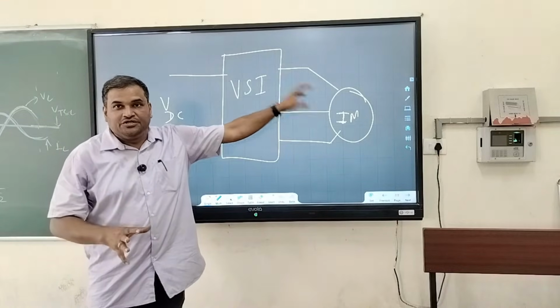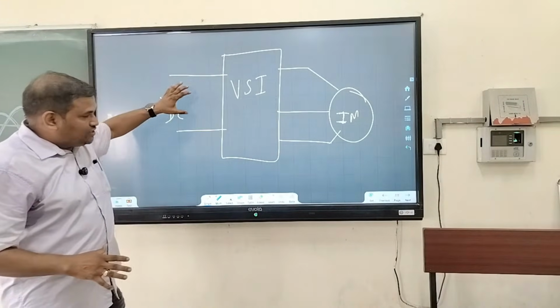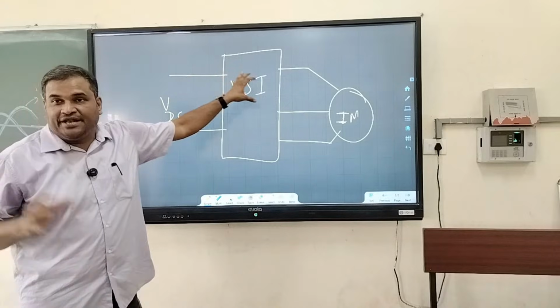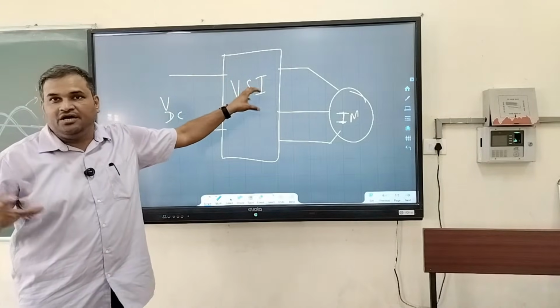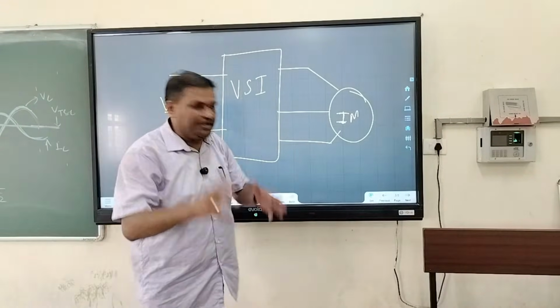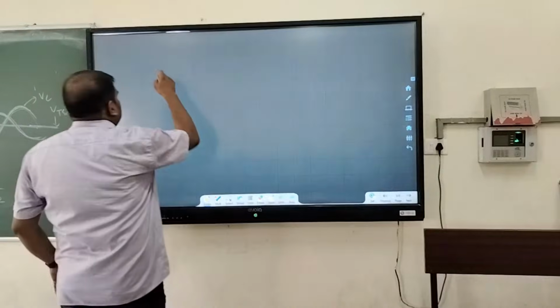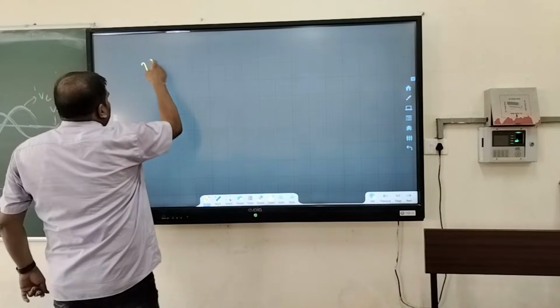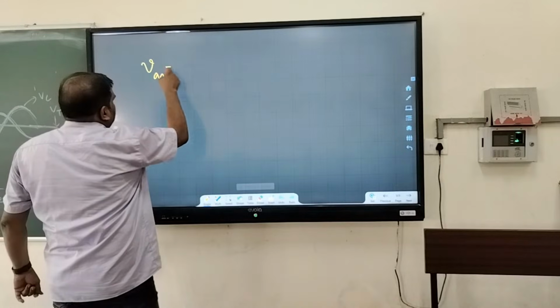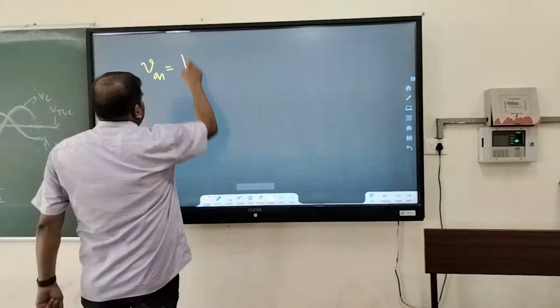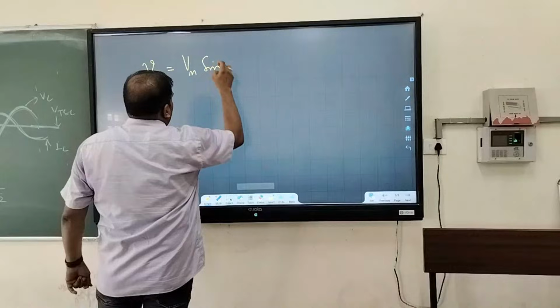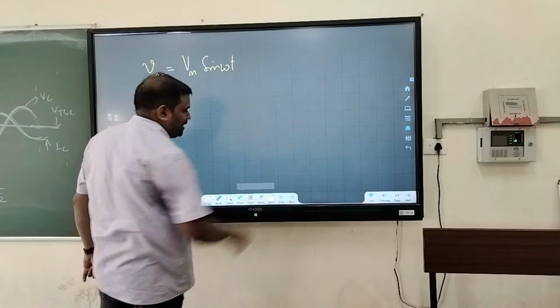What is the drawback? The drawback is that in this situation, we are not giving a sinusoidal input. We are giving an input of different harmonics. Let us say the input is VAN or VRN. What is it? Vm sine omega t, correct?